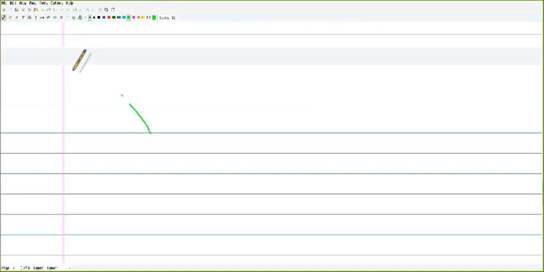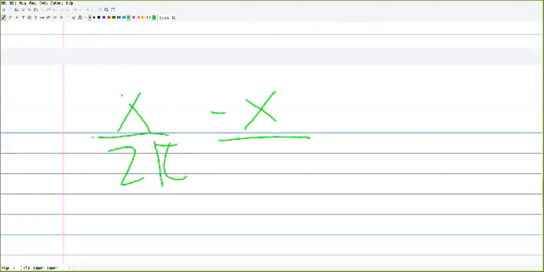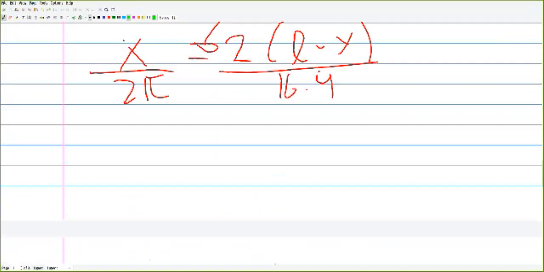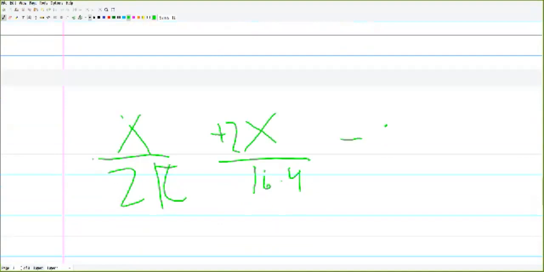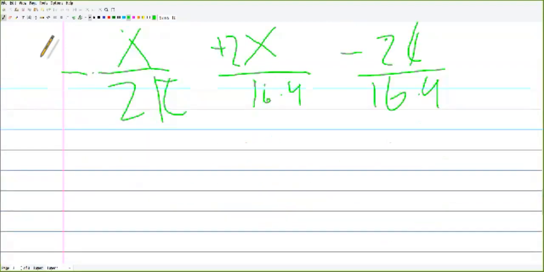We do x over 2 pi plus x over 16 times 4, minus 2L over 16 times 4. Okay. That's equal to 0.